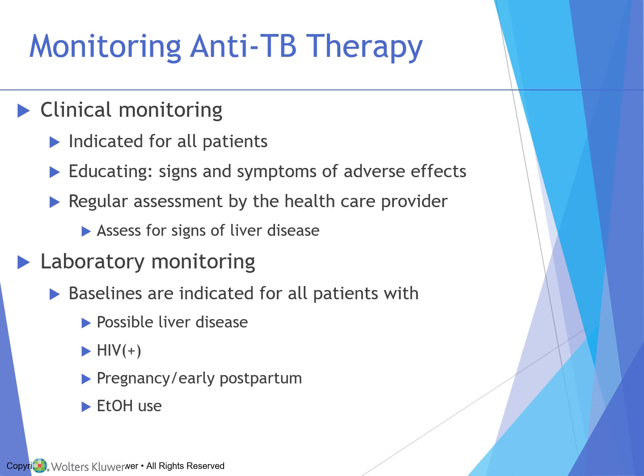Also, for patients who are immunocompromised, especially those with HIV, we need laboratory monitoring, and also for pregnancy, early postpartum, and for patients who have alcohol abuse. For the liver enzymes, guys, those are the ALT and the AST.